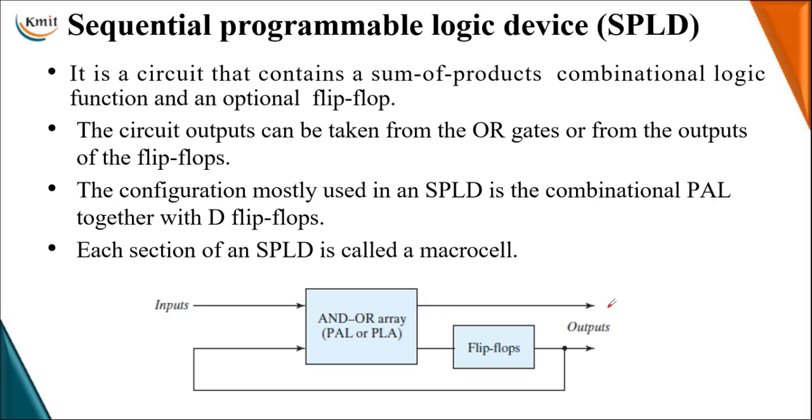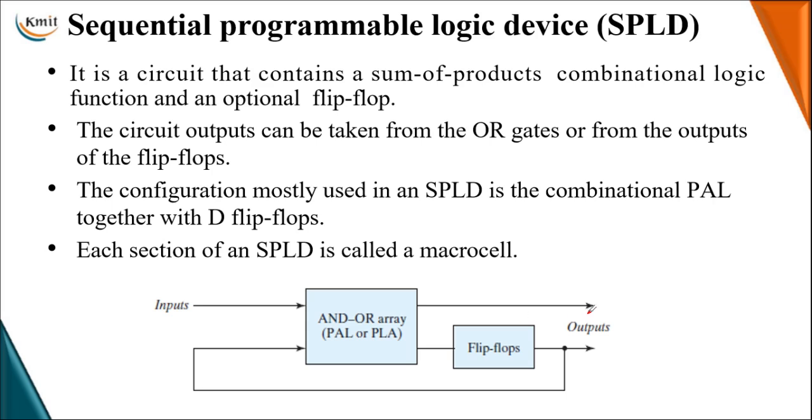Outputs can be derived from the combinational PLD, or we can also obtain outputs from the flip-flops. The flip-flop outputs are also fed back as inputs, which give the present state of the circuit.